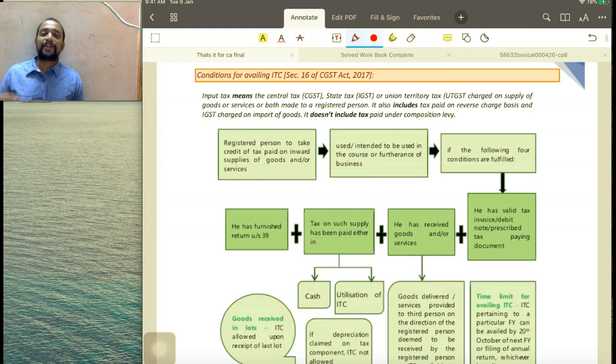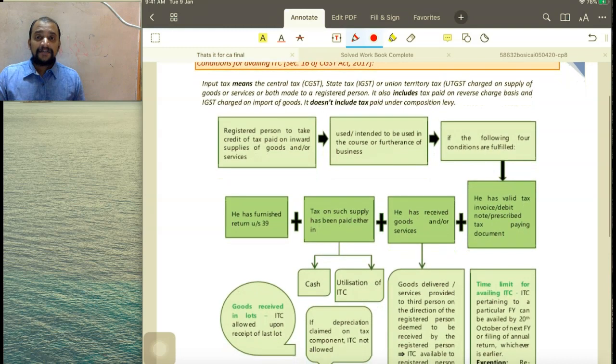Generally, a person opting for the composition scheme is not supposed to collect composite tax from the recipient. But if that person collects the composite tax from the recipient, can the recipient take ITC? No, the recipient cannot take ITC. Whether IGST paid on import will come under input tax? Yes. Whether GST paid under RCM will come under input tax? Yes. So that is the meaning of input tax.